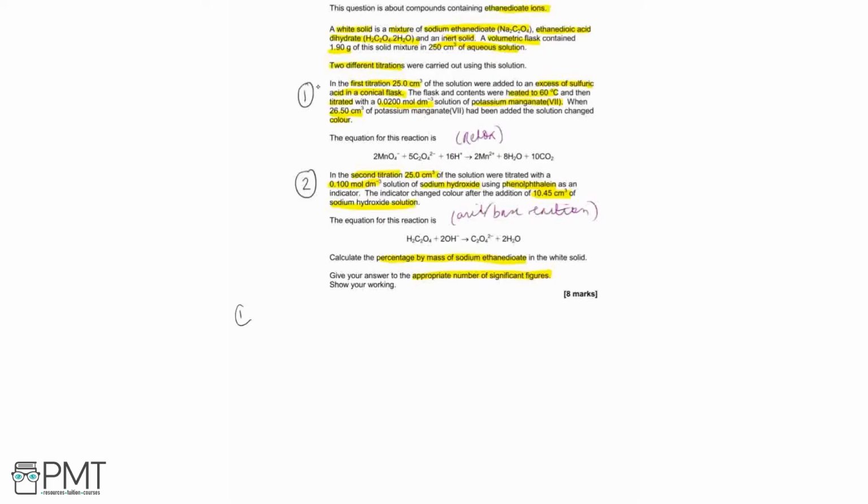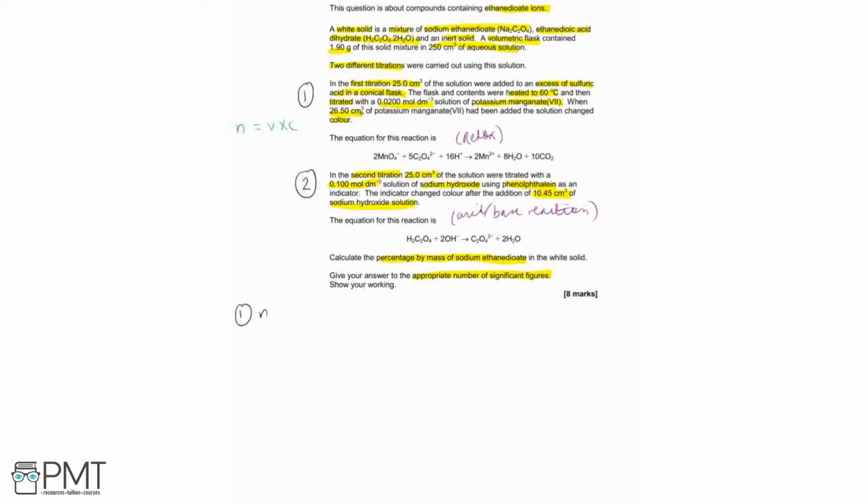So with titration 1, we've been given our concentration and volume of potassium manganate. So we can use this to work out the moles of potassium manganate. We can do this by using our moles equals volume times concentration equation.